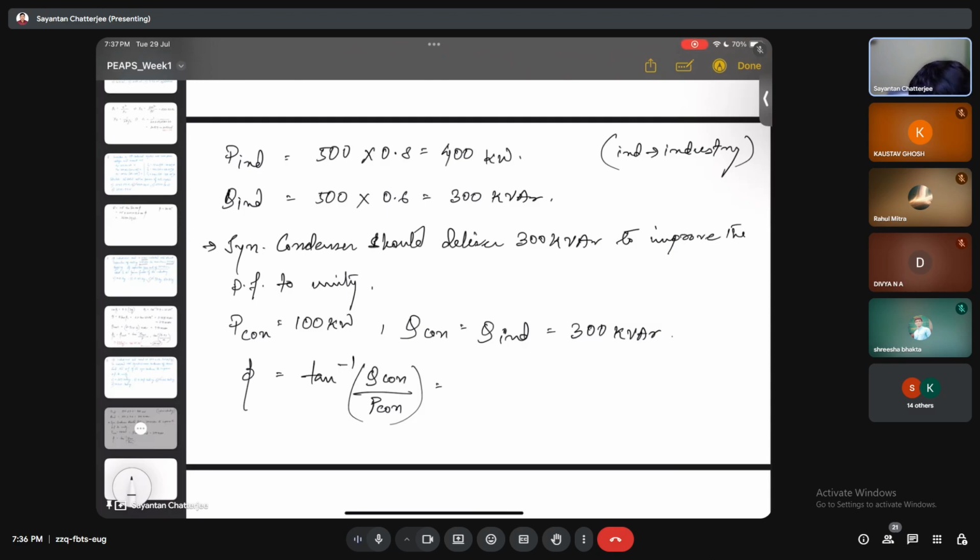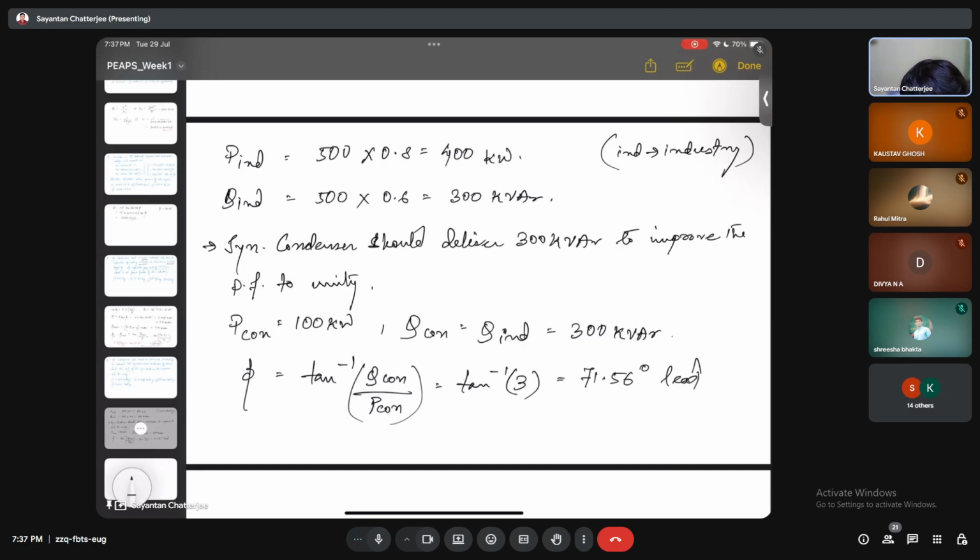So tan inverse of 3, which is 71.56 degree leading.